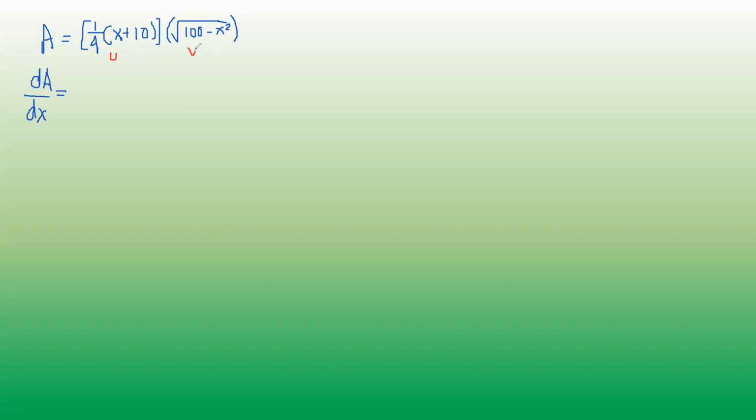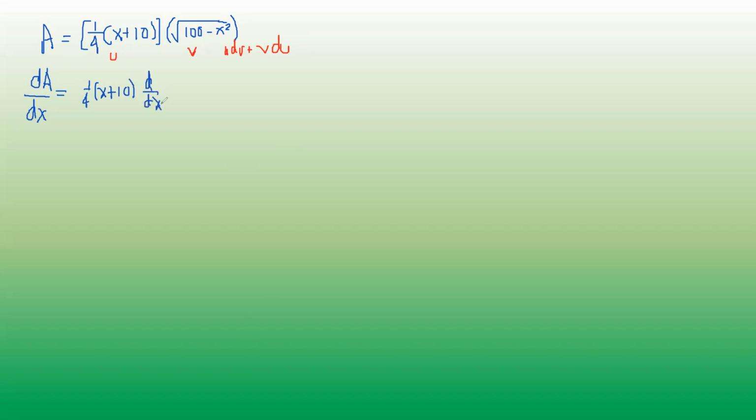So, ang derivative ng product is u dv plus v du. So, yan yung ating pinaka-equation. u dv plus v du. Then we will have, rewrite lang muna si u, 1/4 of x plus 10. Okay. Times dv. So, derivative.